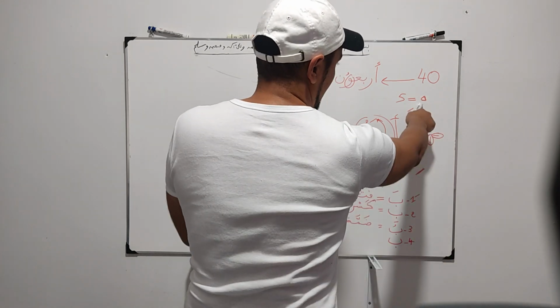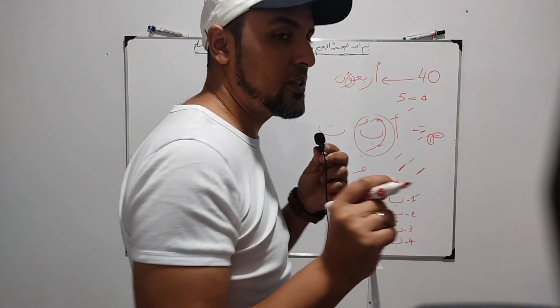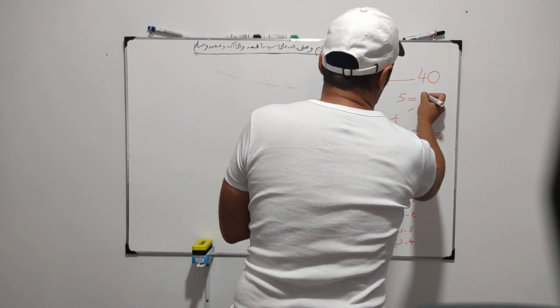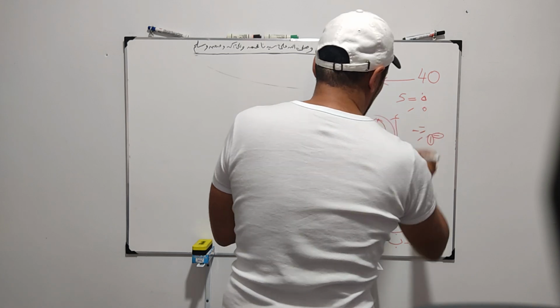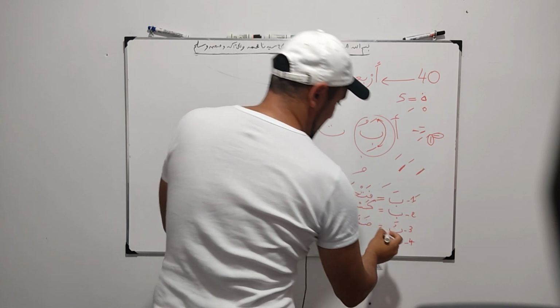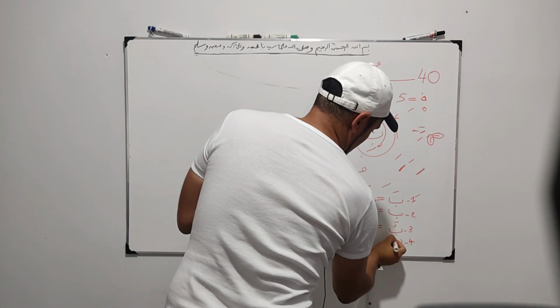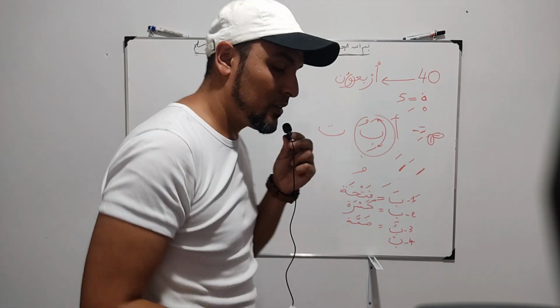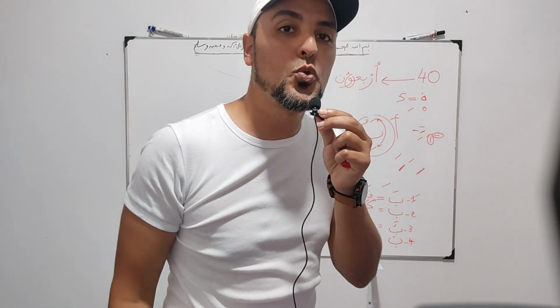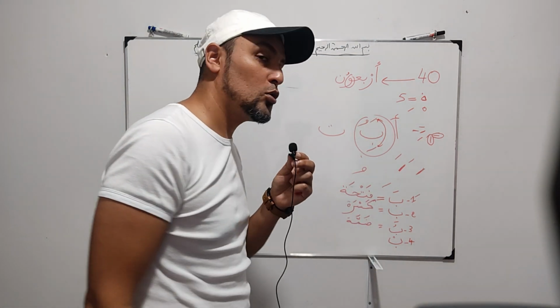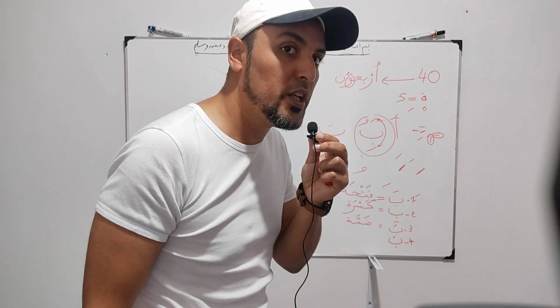So this one is a little bit smaller than this, or you can say a small circle, but very small, like that. We call it سكون.